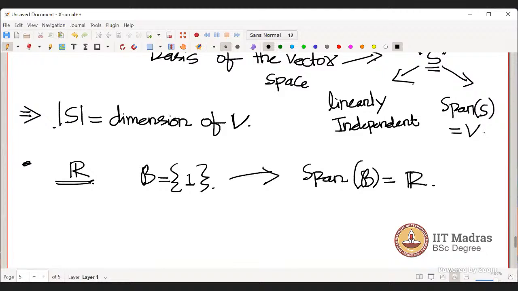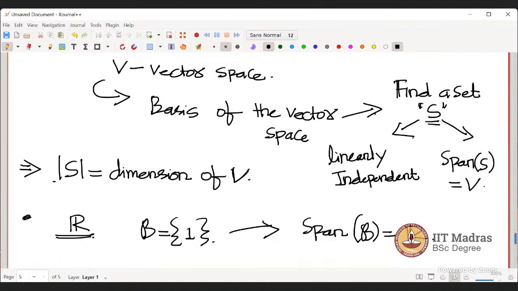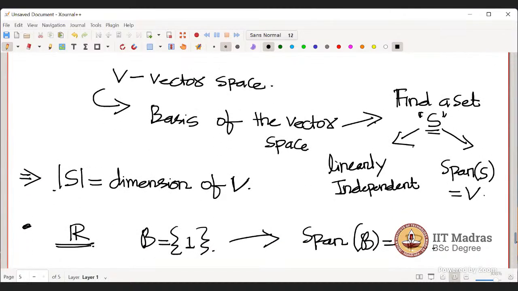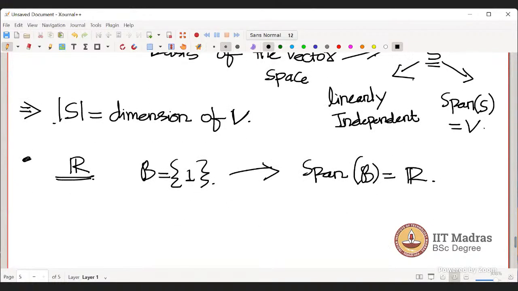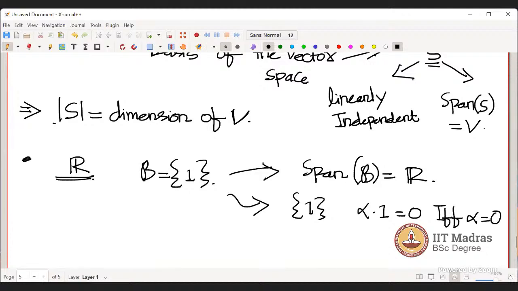As I mentioned here, you have to show these two things: that the span is the whole space, and that the set is linearly independent. It's clear that this B is linearly independent because it is a singleton and non-zero. So alpha times 1 is 0 if and only if alpha is 0. You can make the linear combination 0 only when the scalar itself is 0. You have no other possibility.